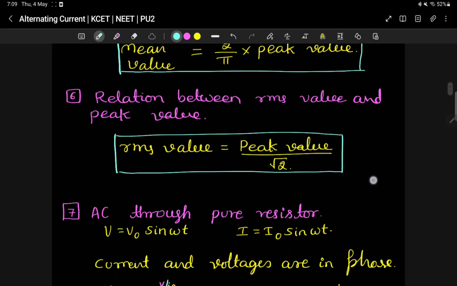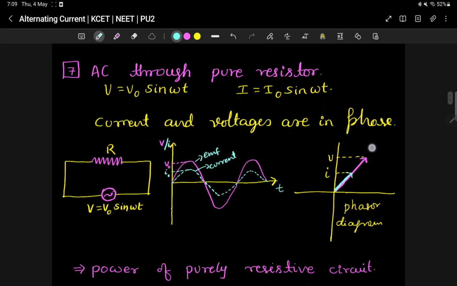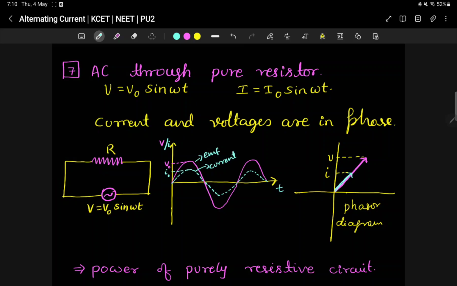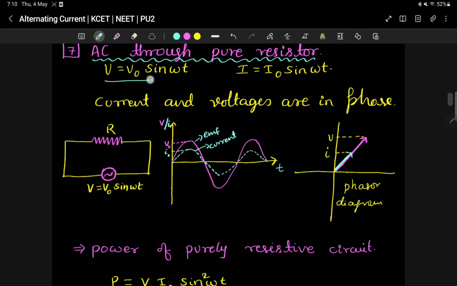Next we have AC applied to a pure resistor. If we apply AC to a pure resistor, we will get a current through the resistor. V = V₀ sin ωt is the voltage applied to the resistor.